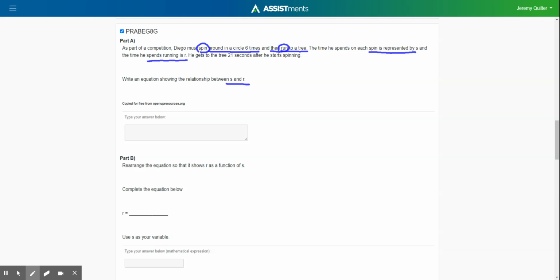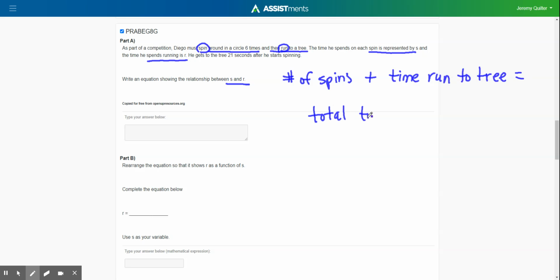So we should recognize that the number of spins, times the time per spin, plus the time to run to the tree, must be equal to the total time. Okay, hopefully that's enough information to really get started there.